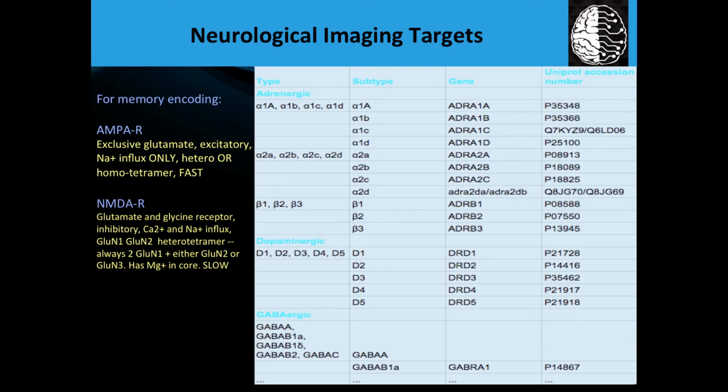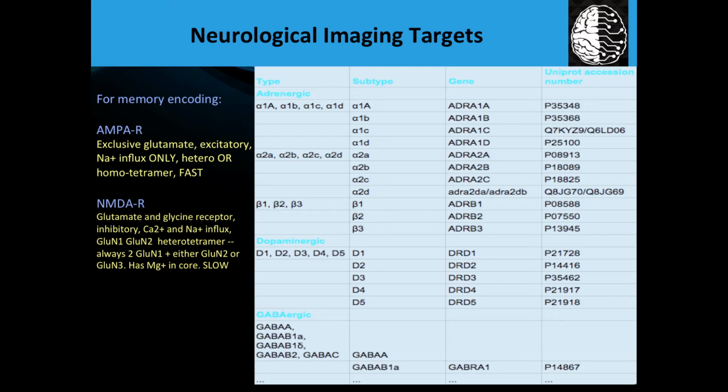So this is a piece of one of our spreadsheets in the lab. And so you can see that there are a dozen adrenergic receptors, 5 dopaminergic receptors, a bunch of GABAergic receptors, and so on. It's a pretty big bunch of data.